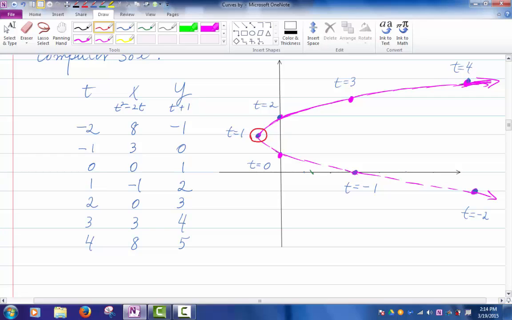X is coming from infinity and decreasing to -1, right? And then x starts to increase from -1. After time 1, x goes from -1 to positive infinity again, right? So x is going to -1 and then it's going back to infinity, right?